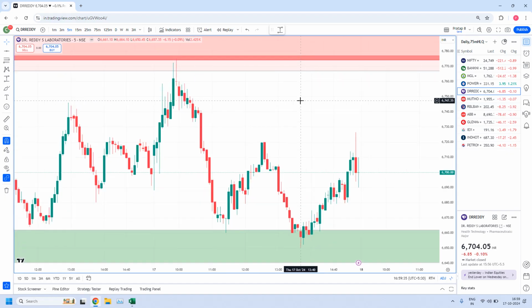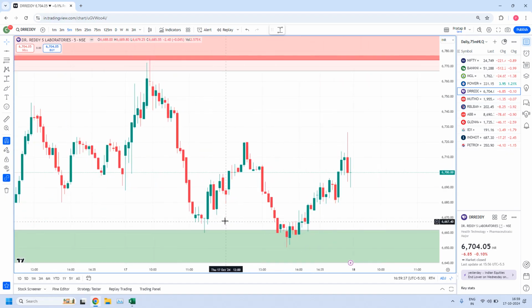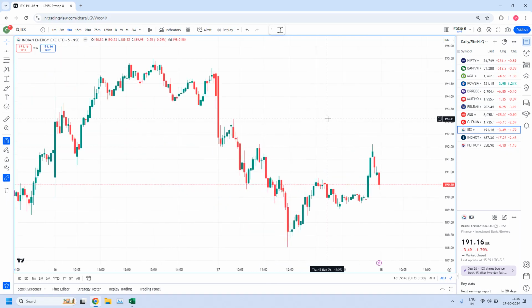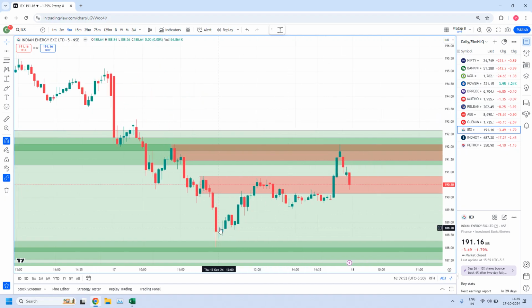When you closed the Dr. Reddy trade, 11:25 candle, you closed Dr. Reddy. And when this IEX trade you would have got, at 11:55. See, Dr. Reddy you closed and you took this trade.